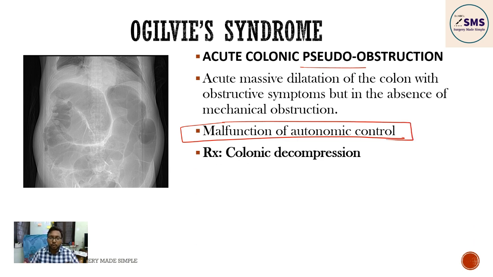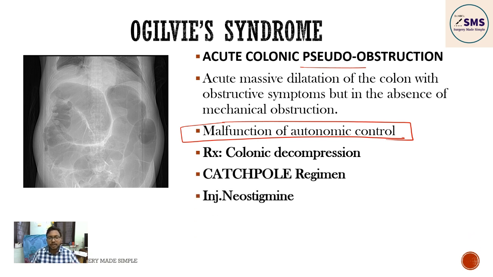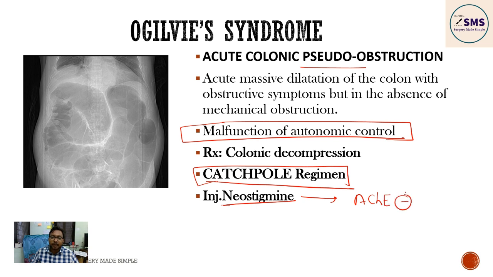So what should you do? Obviously, you should go for colonic decompression. How will you decompress the colon? You can try by giving a drug called injection neostigmine. So what is the name of the regimen? Catchpole regimen. Okay. So what are you trying to give? Injection neostigmine. Why neostigmine? Neostigmine is basically an acetylcholinesterase inhibitor.